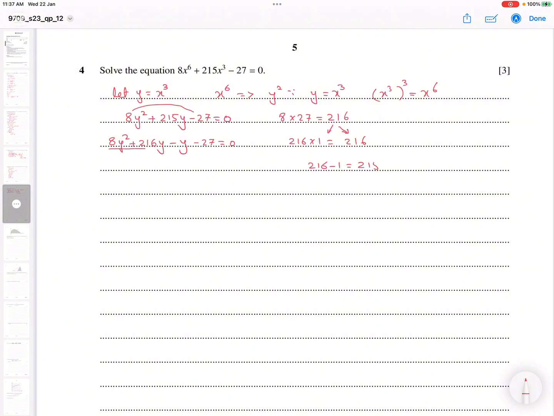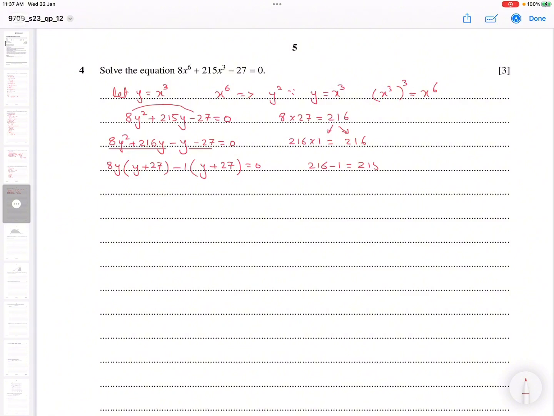So take common from the first two expressions. My 8y is common. I can write (y plus 27), minus, and from the last two expressions I can take 1 as common. So minus times minus is plus 27 equals 0.